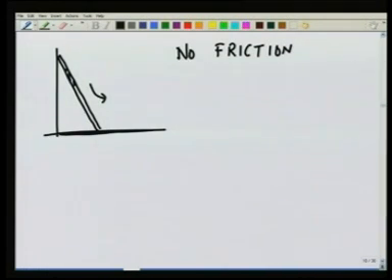The question is, if initially it was at height h, at what height does the upper end of the ladder leave the wall?